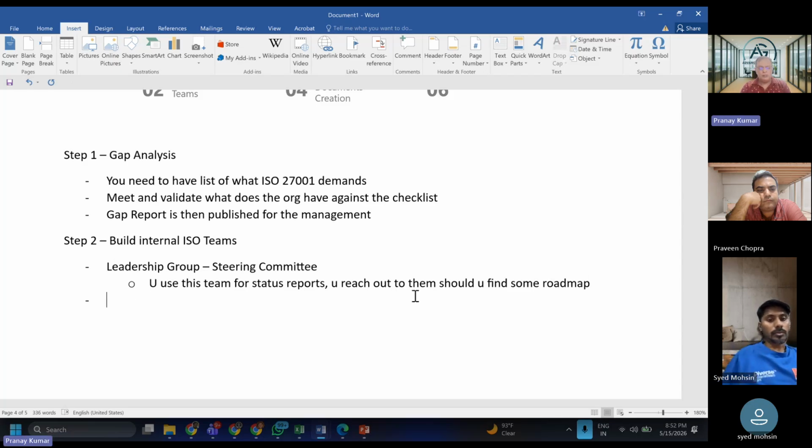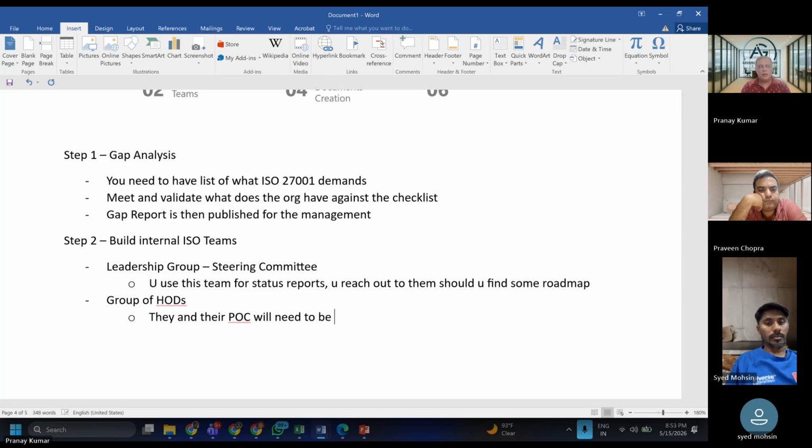Another is a group of HODs, head of departments. These are the people who will actually implement the ISO standard. So they need to be trained. They and their point of contact will need to be trained on ISO 27001 requirements for their specific team. सबको सब कुछ नहीं बताना है, डर जाएंगे वो.